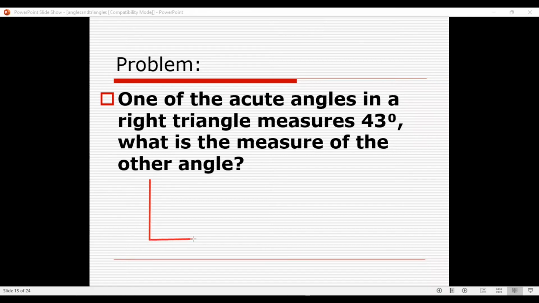So we need to understand now that the two acute angles in a right triangle are always complementary. Okay, that is one thing that you have to remember. This is a right triangle, and then always remember that this one is already 90.